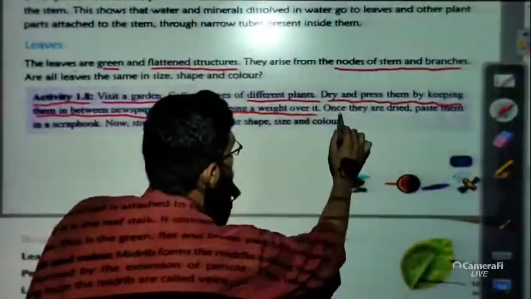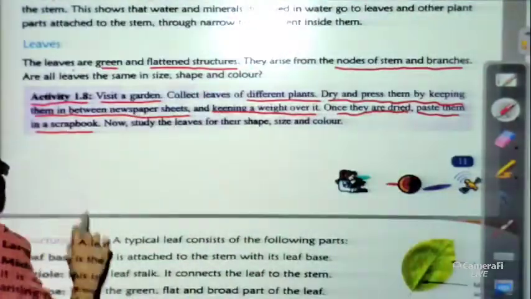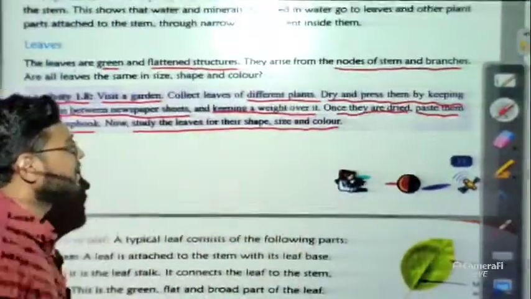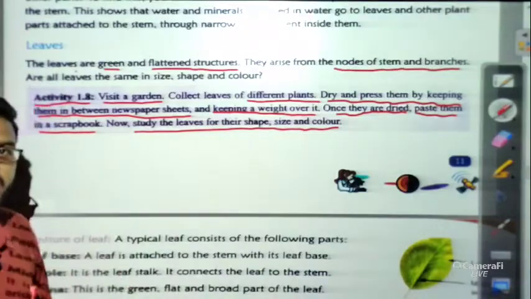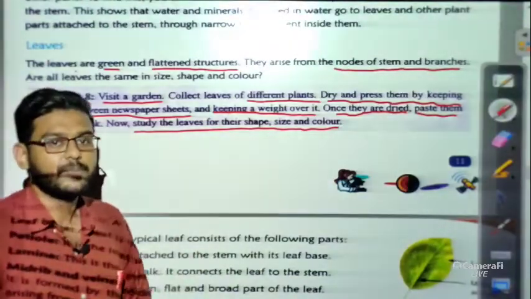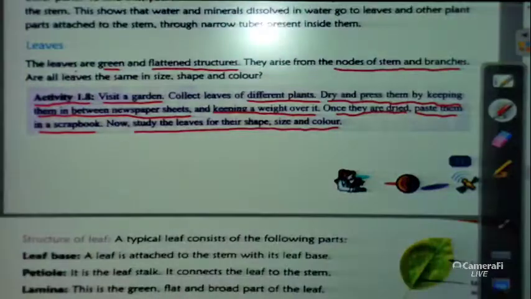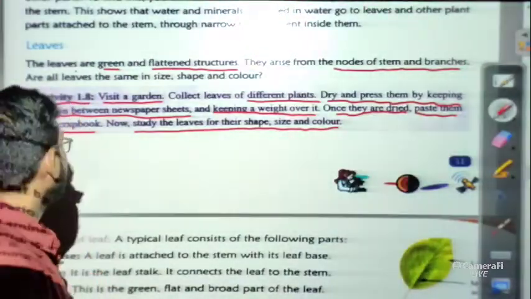Once they are dried, paste them in a scrapbook. Now study the leaves for shape, size and color. You can easily perform this activity, and many of you have already done it.